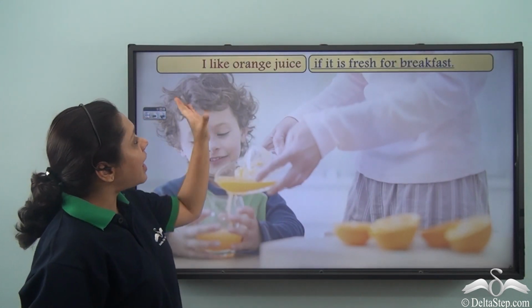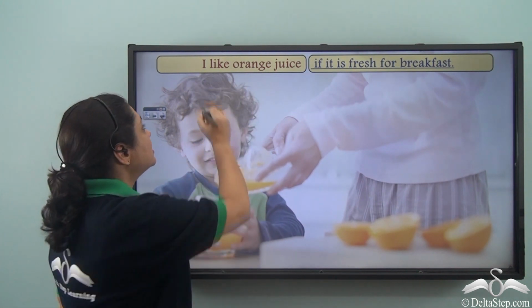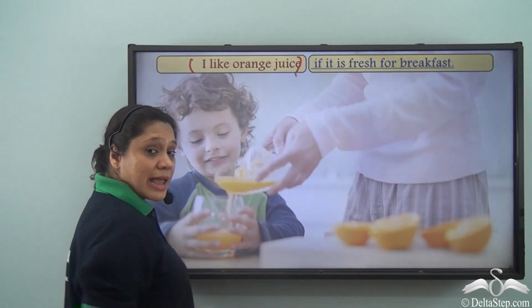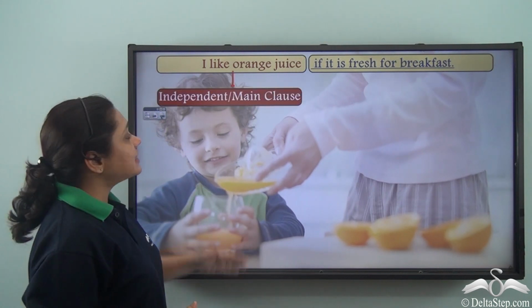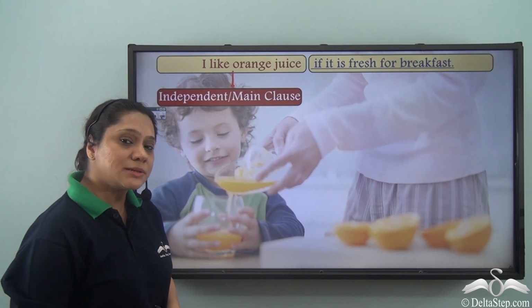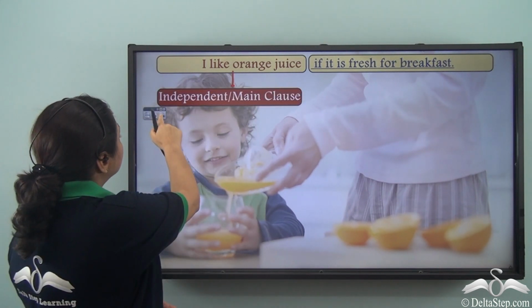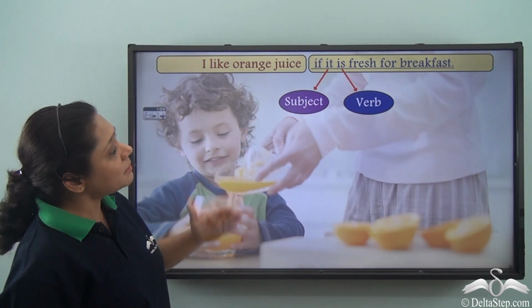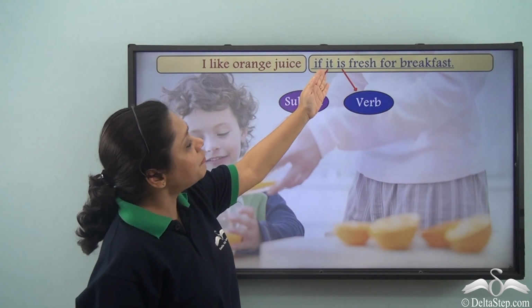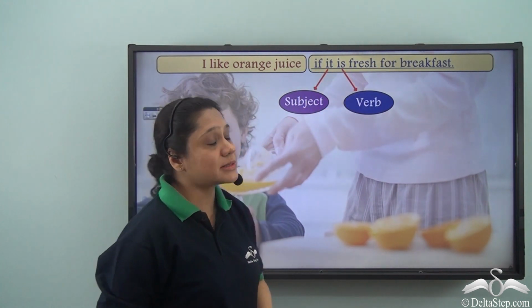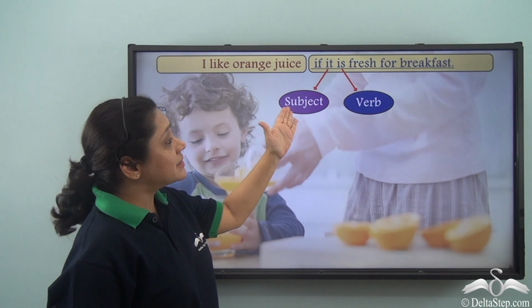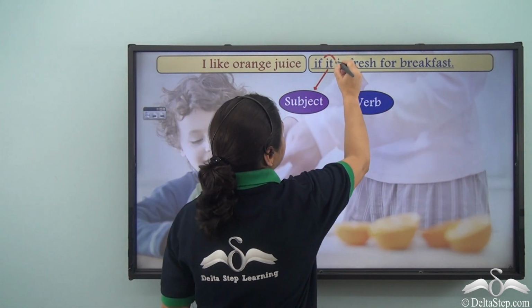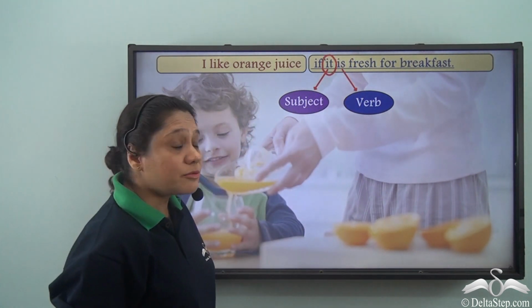So the first part, I like orange juice, we have seen is an independent or a main clause. So we will look at the second part. Now the second part of the sentence, if it is fresh for breakfast, has a subject, it, and a verb, is.